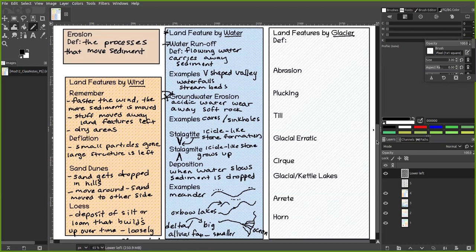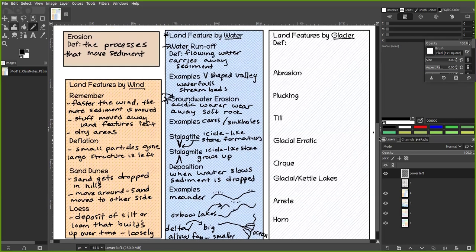Now let's talk about land features by glacier. What is a glacier? Well, it's a mass of ice and snow that doesn't melt.